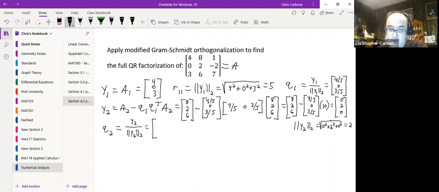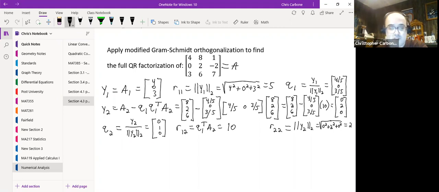So we divide 0 by 2, 2 by 2, and 0 by 2 to get the vector 0, 1, 0. This norm is the value of r sub 2,2. To get r sub 1,2, we take q sub 1 transpose times a sub 2, which we did earlier to get 10.